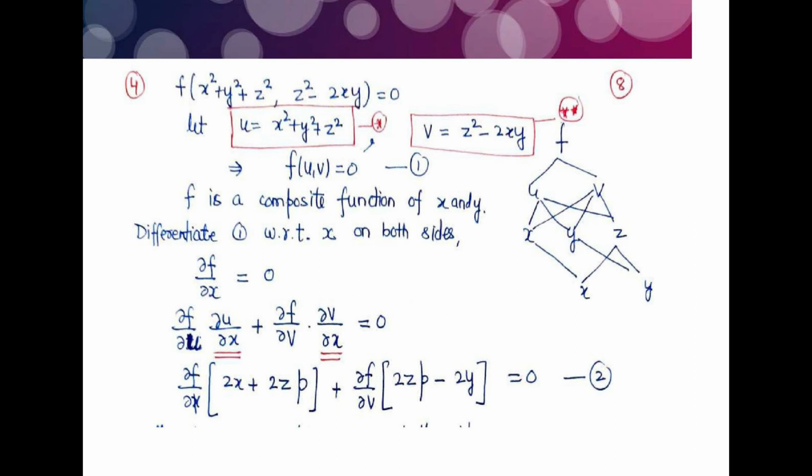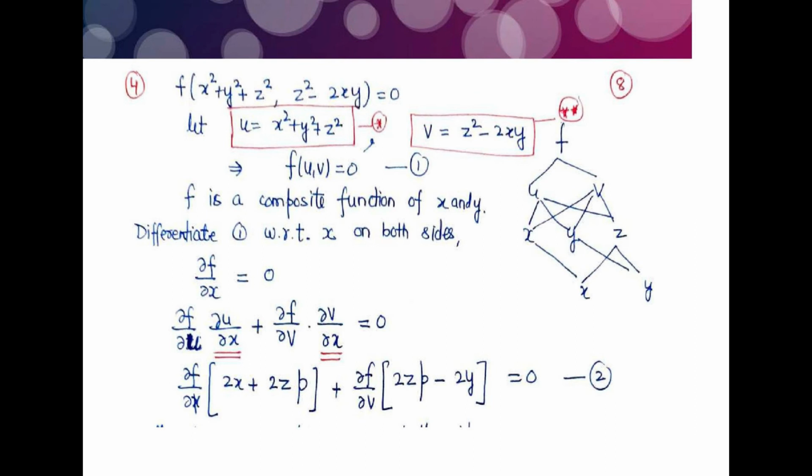Now finally equation number 1 can be written as f is a function of u and v. u and v are functions of x, y, z using star and double star, and z is a function of x and y. And I can always say that y is a function of y and x is a function of x, identity functions, right?